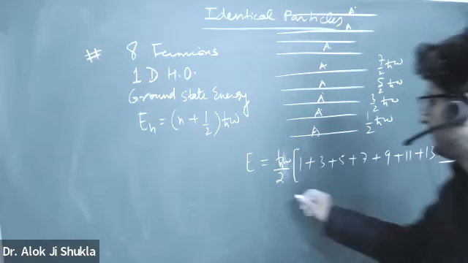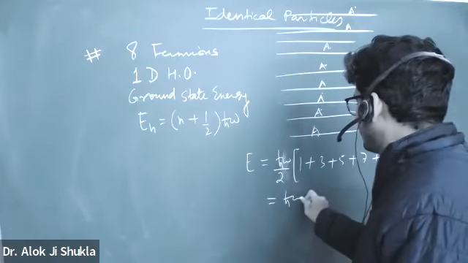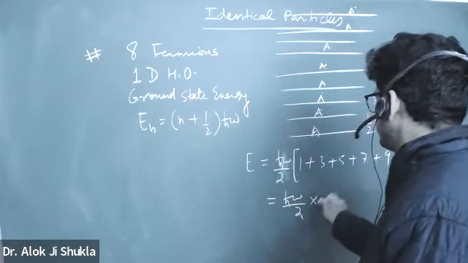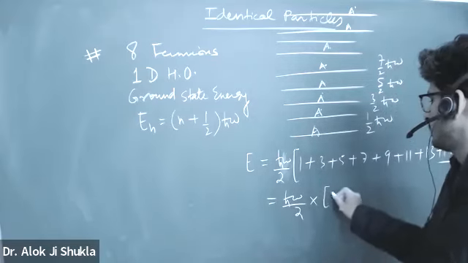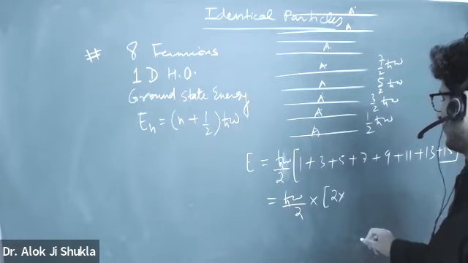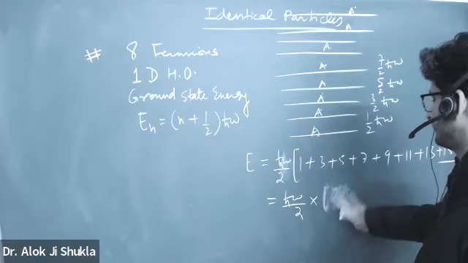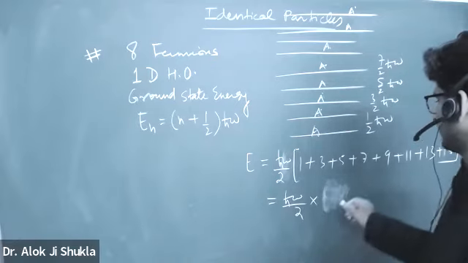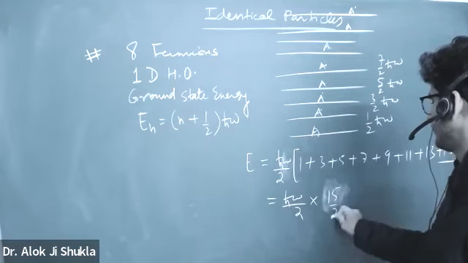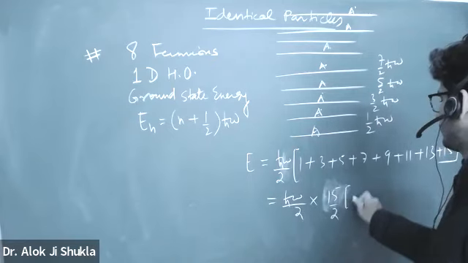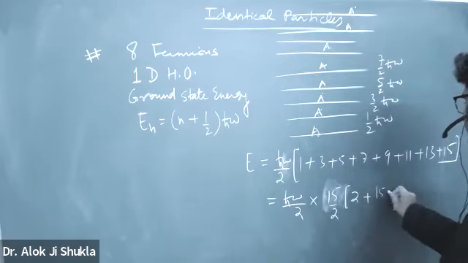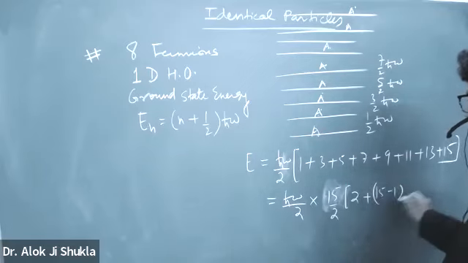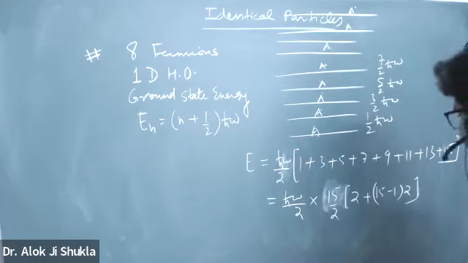So this will become h cut omega by 2 into कितना हो जाएगा? How to add this? N by 2 into 2a plus N minus 1 into d, where d is the common difference.